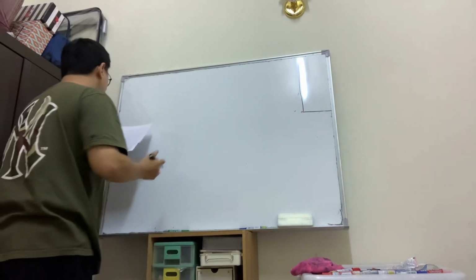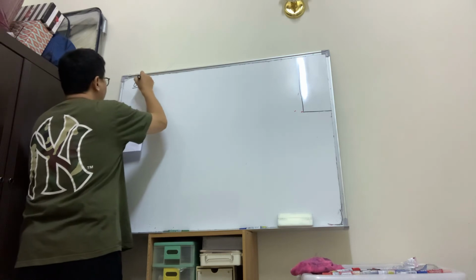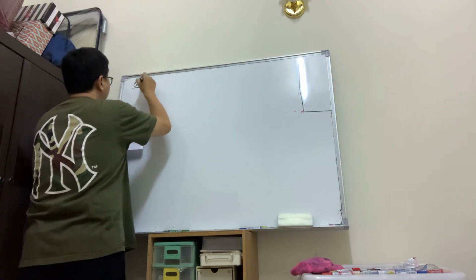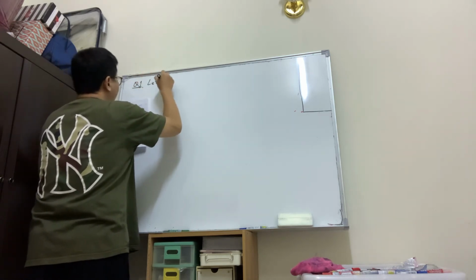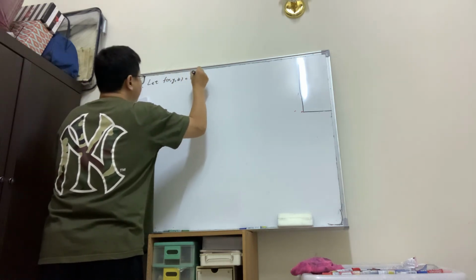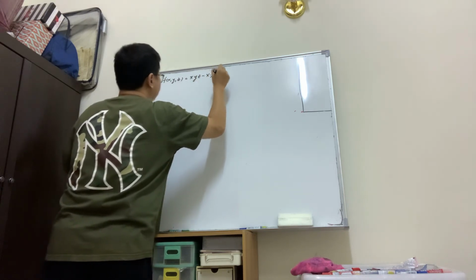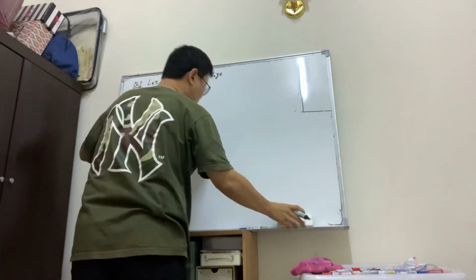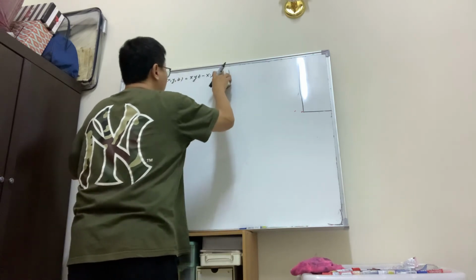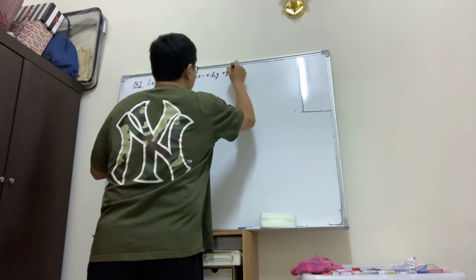So as you see, okay, let me tell you the question. The first one is, we let f(x,y,z) be the function xyz, subtract x times natural log y, plus y times natural log x.